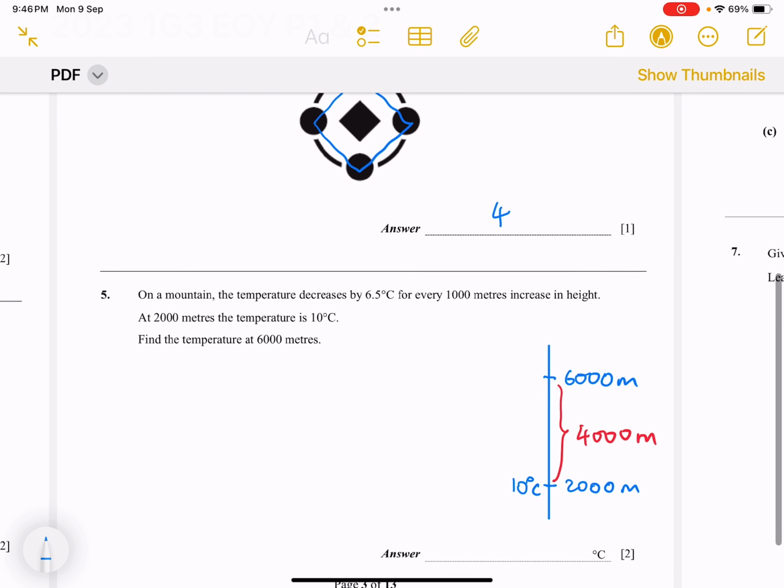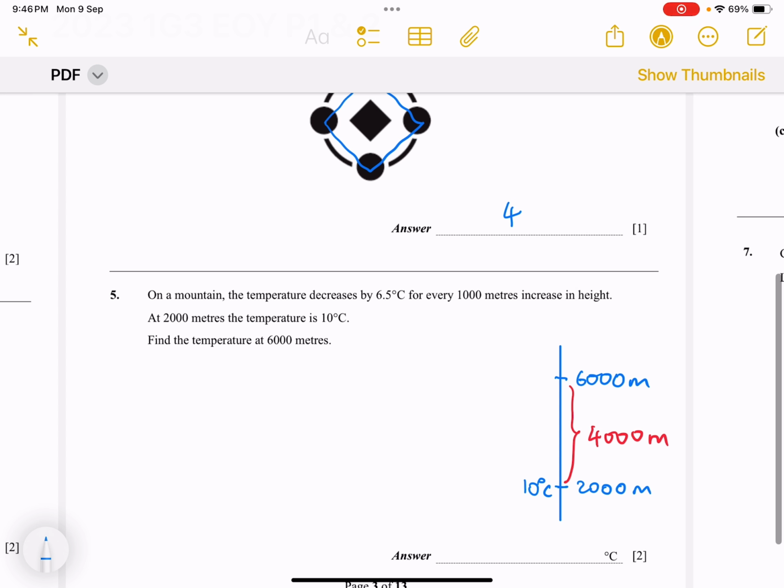On a mountain, the temperature decreases by 6.5 degrees for every 1,000 meters. So at 2,000 meters it is 10 degrees. So therefore, the difference going up to 6,000 meters is 4,000. So every 1,000 is 6.5. So there are 4 thousands.